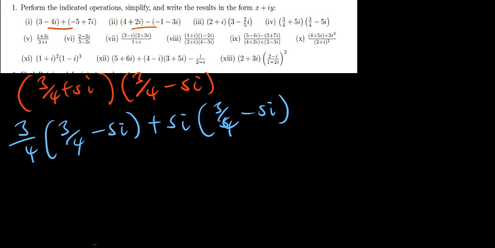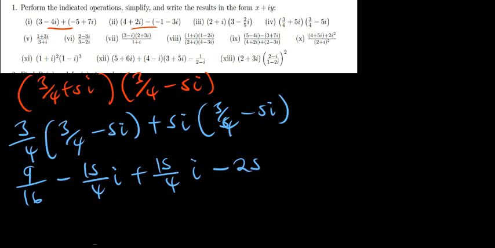Then 3 over 4 times 3 over 4, this is going to give us 9 over 16. So I have 9 over 16, then minus 3 times 5 is 15 over 4i, plus 5 times 3 is going to be 15 over 4i, then 5 times negative 5 is negative 25i squared, like that.